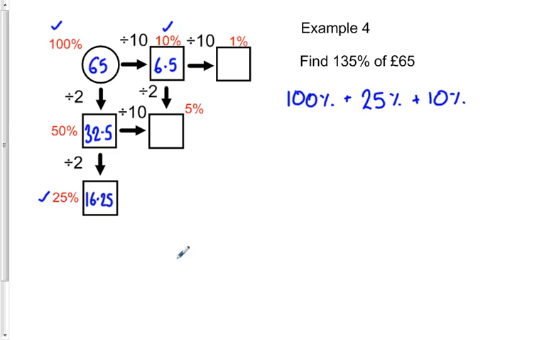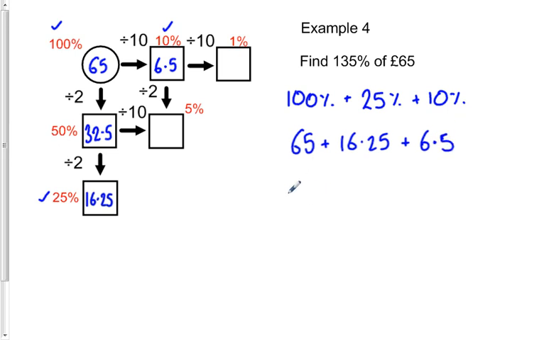Again, we can actually show that working if we need to, or if you can do it in your head, that's fine. Now, we know we need our 100%, that's our 65. We know we need 25%, that's our 16.25. And we know we need to add on a 10%, that's our 6.5.